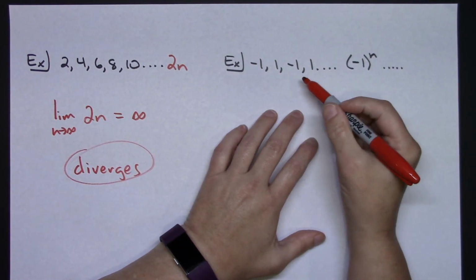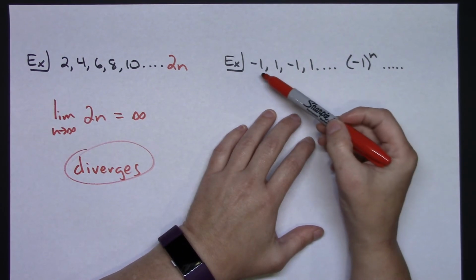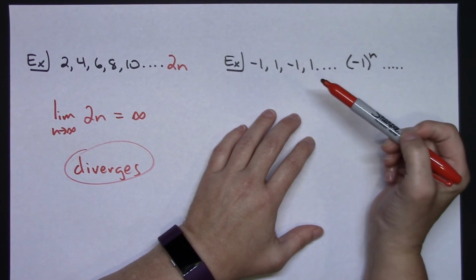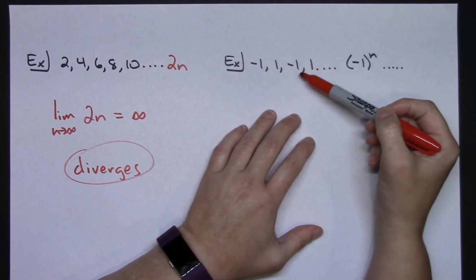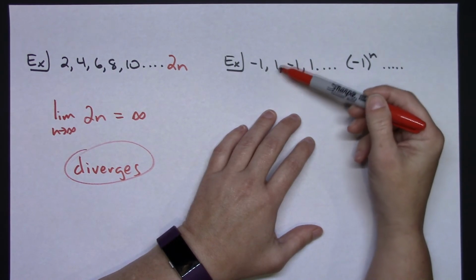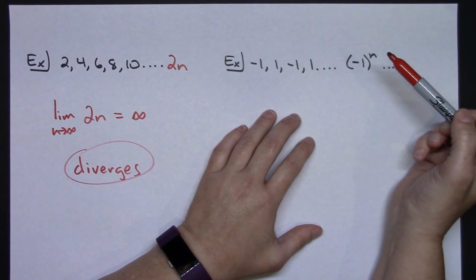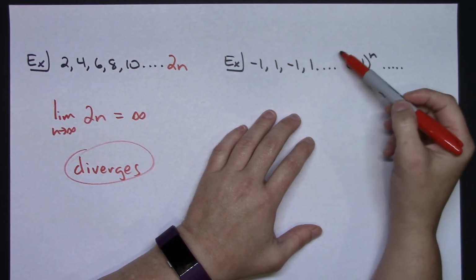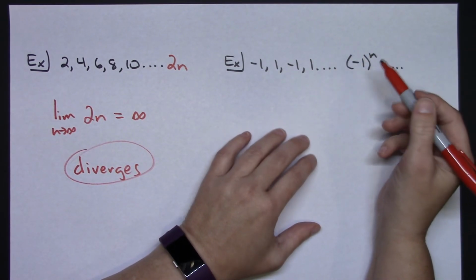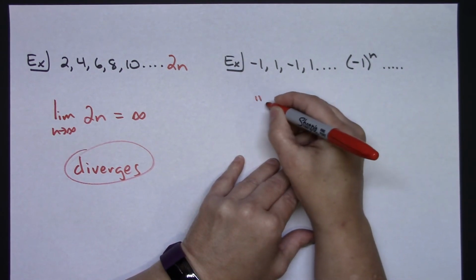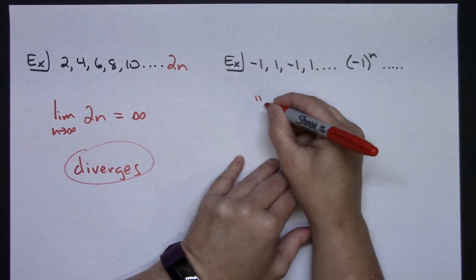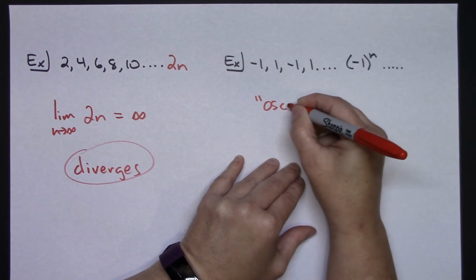For this last example, I've got a sequence that goes -1, 1, -1, 1. I'm alternating back and forth, oscillating between two numbers, and that's all I'm going to do forever. So this is called oscillating behavior. This sequence is just jumping back and forth between two numbers.